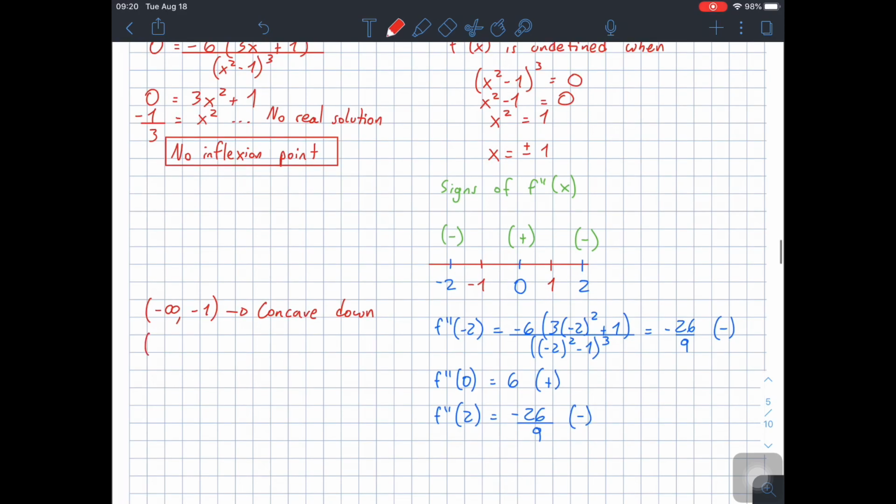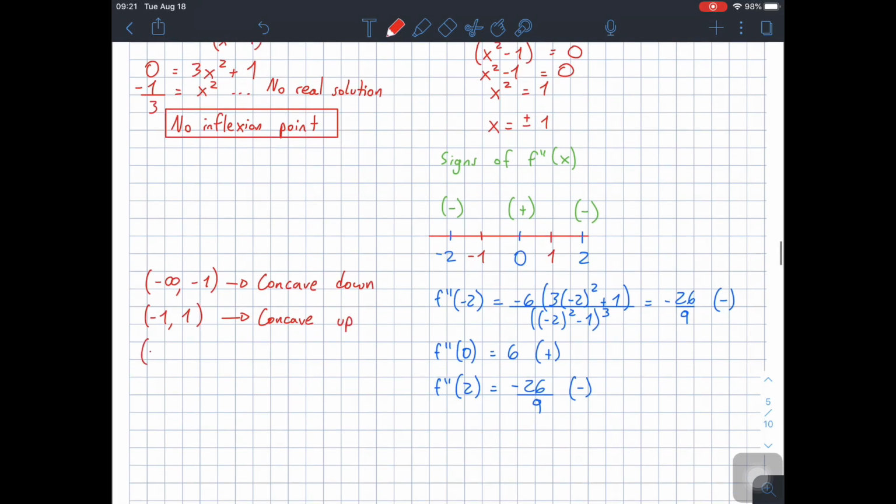From negative 1 to positive 1, remember we're not including these values because the function is undefined for these two, so that's why we're using parentheses. So for this interval, the function is concave up. And finally, from positive 1 to infinity, the function again is concave down.